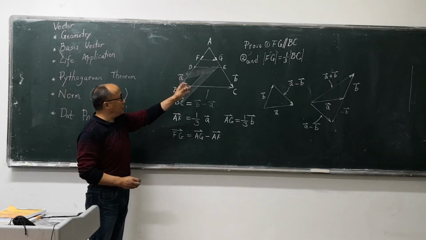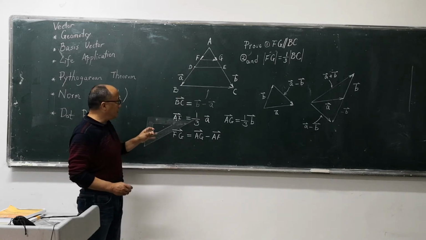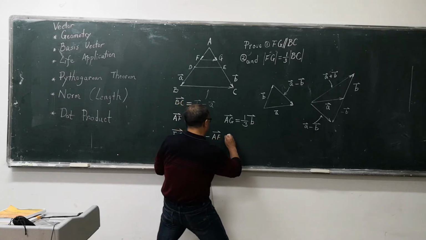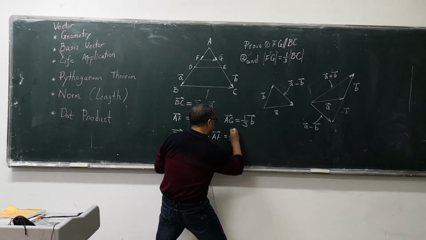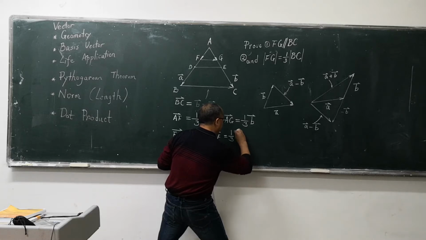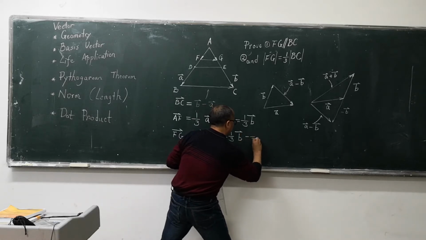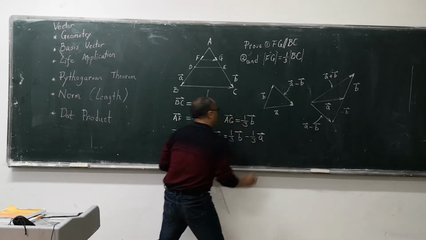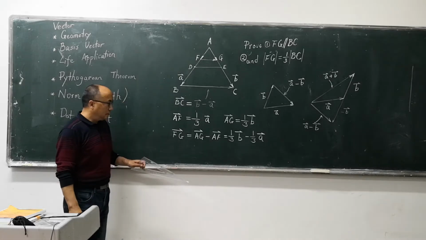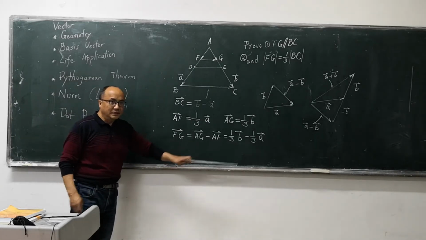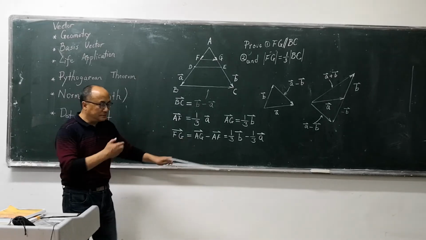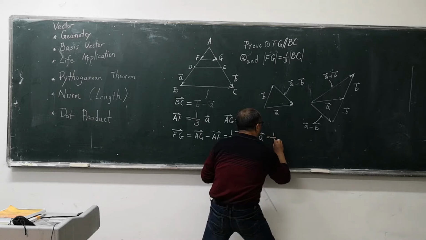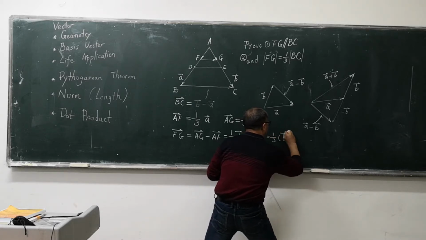AG minus AF, and we plug in this. Okay, and we factor out 1/3, and it is this.